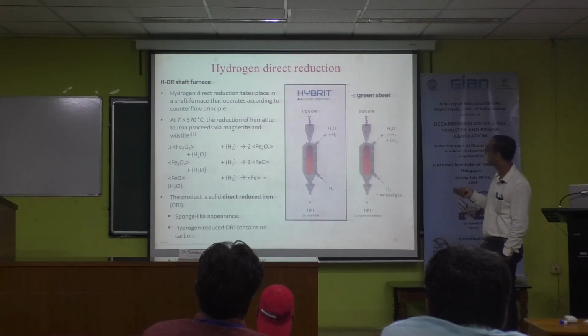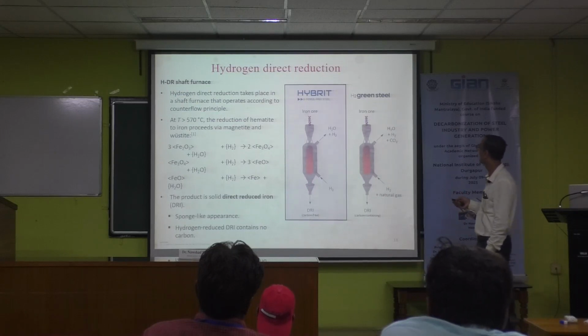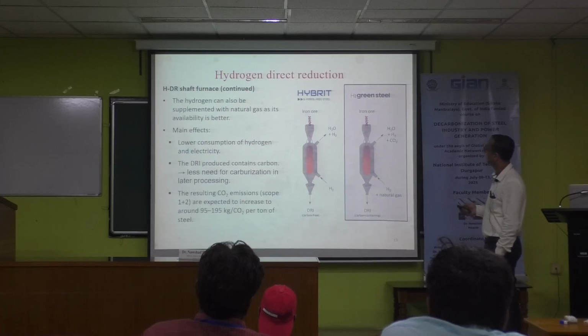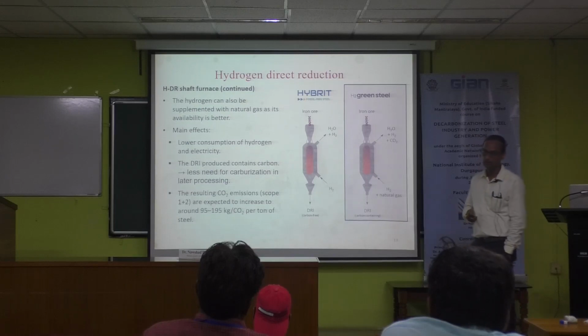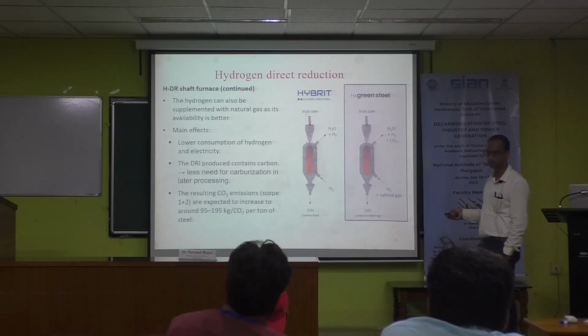Then hydrogen in the DRI group, the general shaft furnace group, hydrogen, they are telling me. A hydrogen DRI furnace can also be supplemented with natural gas, as its flexibility is better. I think your plan is also a similar type of reactor.